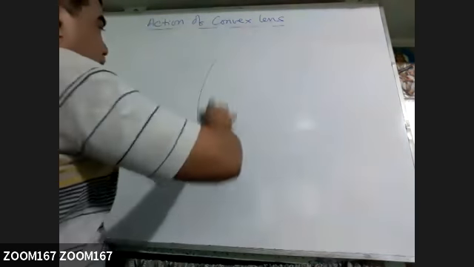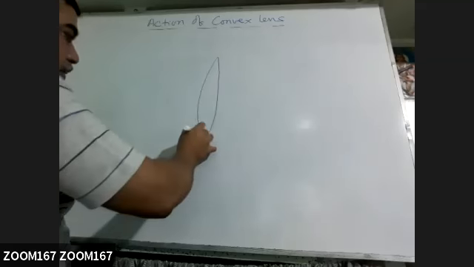Now suppose we are taking this as a lens, a convex lens is this one.